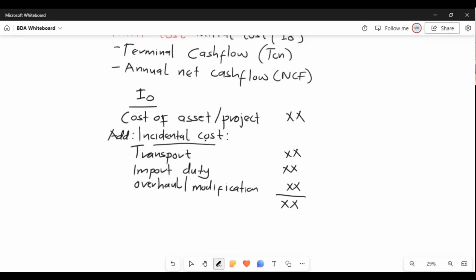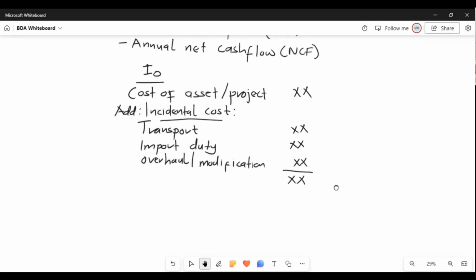And because incidental cost is directly embedded on a particular asset, you cannot separate the cost of the asset from its incidental cost. So that when charging depreciation, the qualifying cost must also include the incidental cost of the asset.